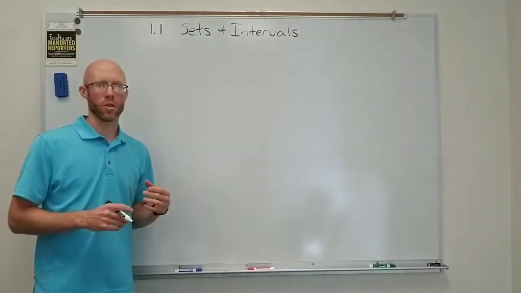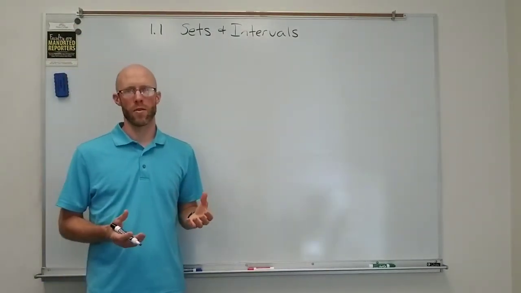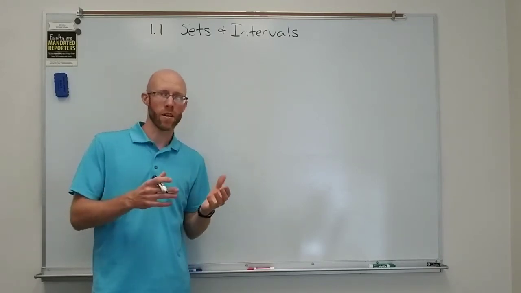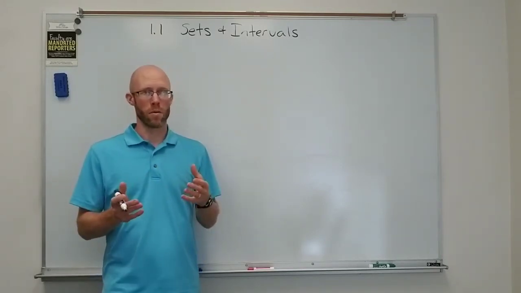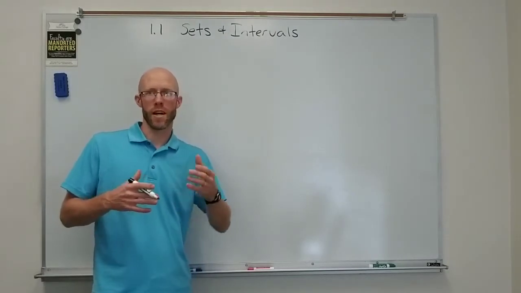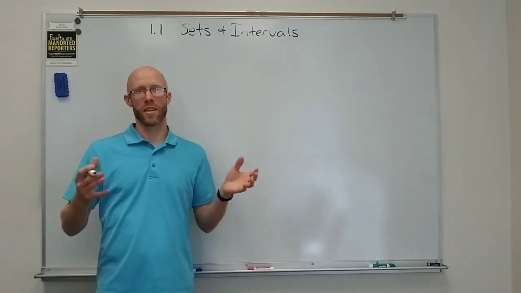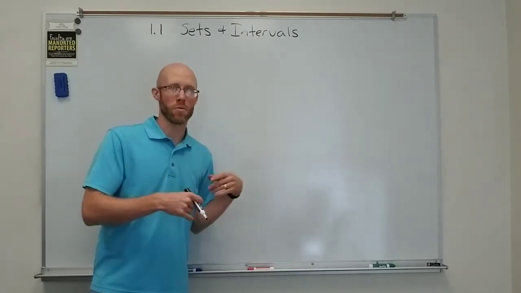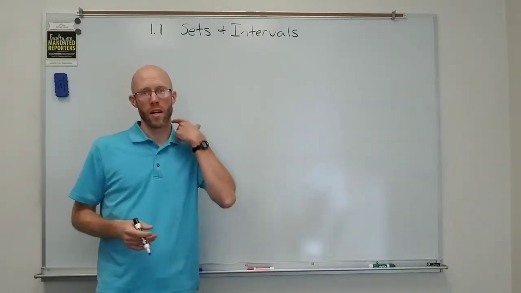Now, when we look at numbers in general, you have lots of different types of numbers. You have positive numbers and negative numbers and real numbers and imaginary numbers and natural numbers, and all these different categories of numbers. Okay, you have numbers that are greater than 5 and numbers that are less than 2 and things like that.